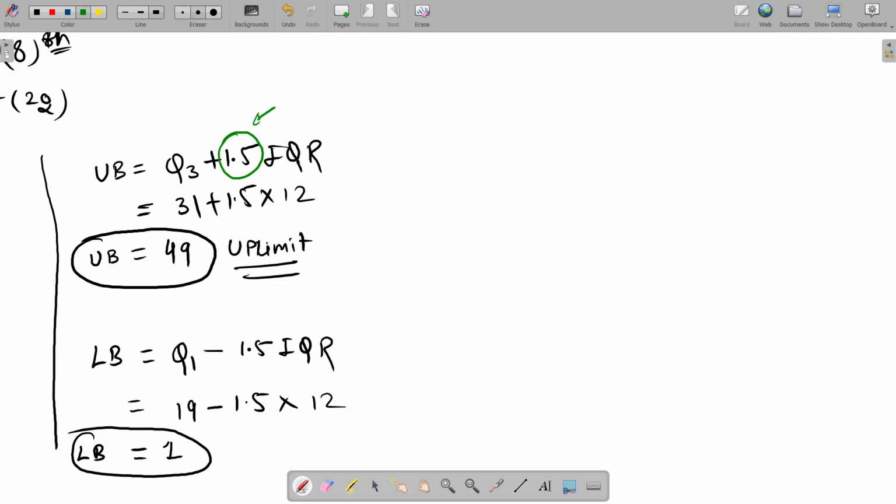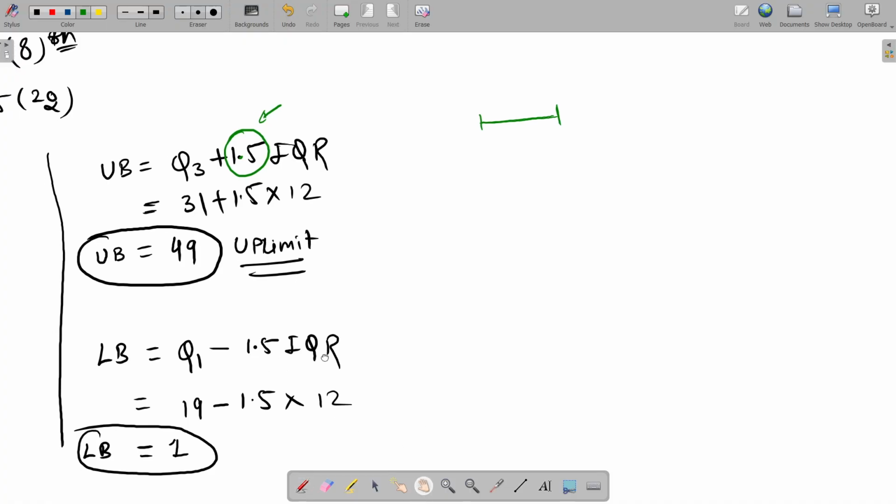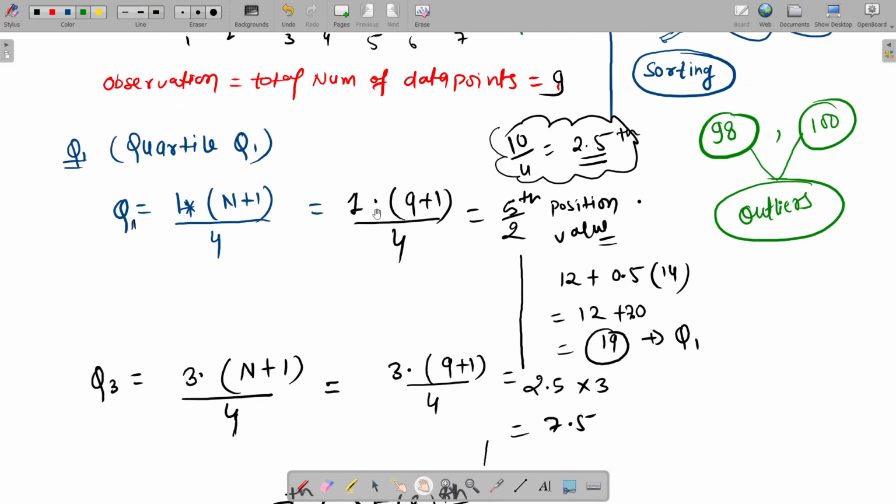It creates a reasonable boundary around the normal data. Once we multiply by 1.5, it creates one reasonable boundary within the given data points. The values outside this boundary are considered unusually far from the rest, and they are treated as possible outliers. So this is a very simple method, the IQR, interquartile range.